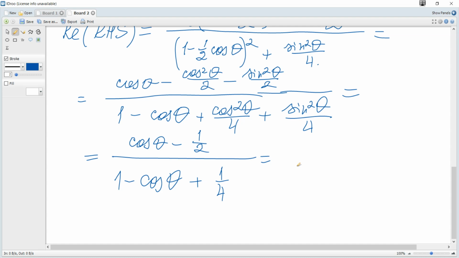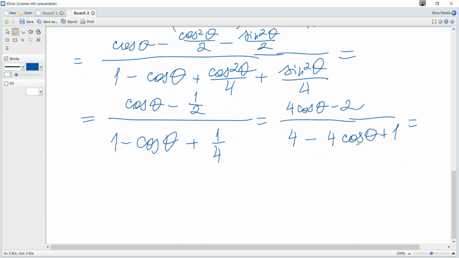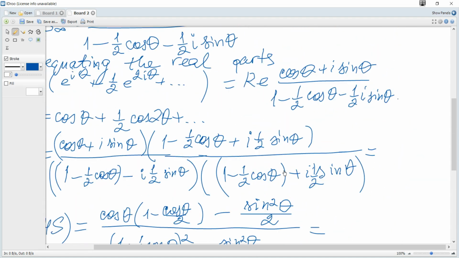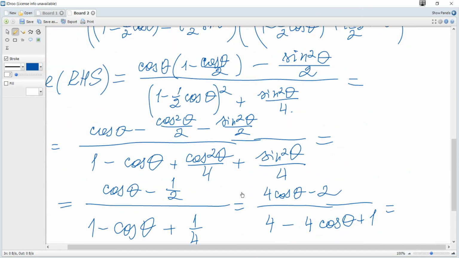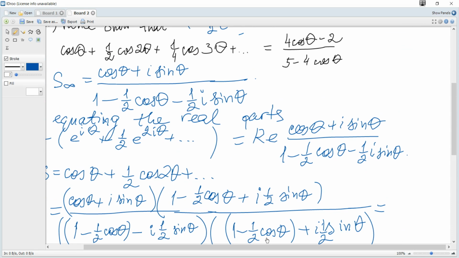Let's multiply each term by 4, and it becomes 4 cosine θ minus 2 over 4 minus 4 cosine θ plus 1, which is 4 cosine θ minus 2 over 5 minus 4 cosine θ. Let's check: 4 cosine minus 2 over 5 minus 4 cosine, yes, as required.